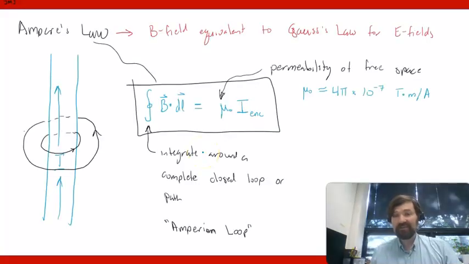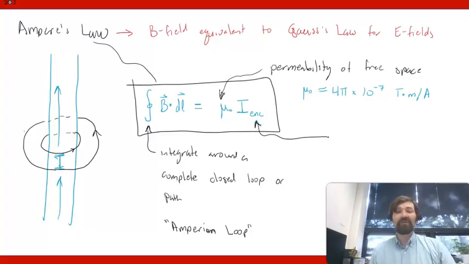So mu naught then is again this constant permeability of free space that has a known and constant value. I enclosed, this is sort of the other key variable, is the current enclosed by the Amperian loop that you're integrating around.